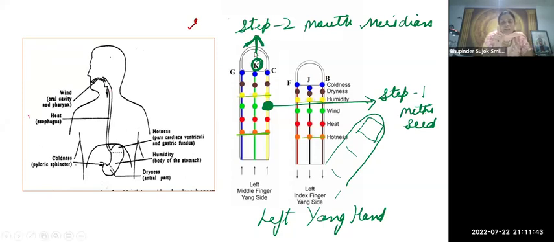So in 6 Key, now I'm telling 6 Key. Now this is your left hand, and this is the male side area, yang side area. On the yang side, each finger will have 3 meridians, 3 lines. You know the principle that on each finger, front side 3, back side 3, and we have a total of 6 meridians on each finger, and equal distance between 2 meridians is the rule, whether you see from side, front, or back.